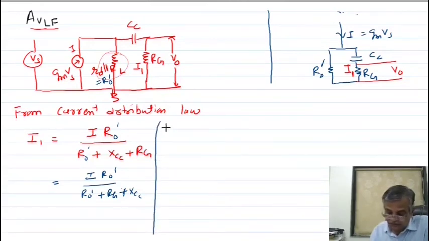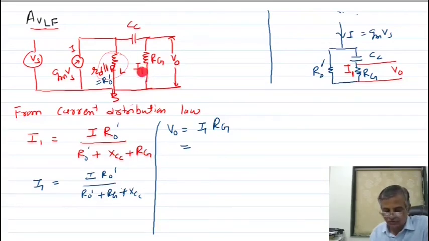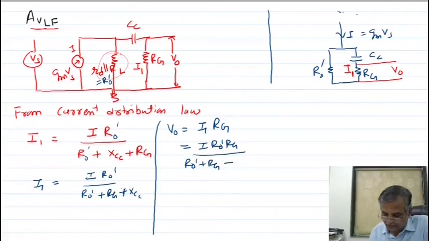What is the output voltage? Output voltage is current multiplied by resistance. What is VO? I1 into RG. What is I1? This I1 I put here. So I can write I into RO dash into RG upon RO dash plus RG plus XCC.